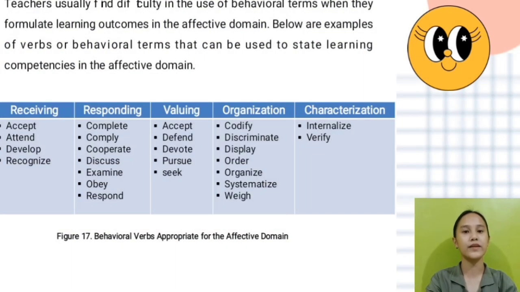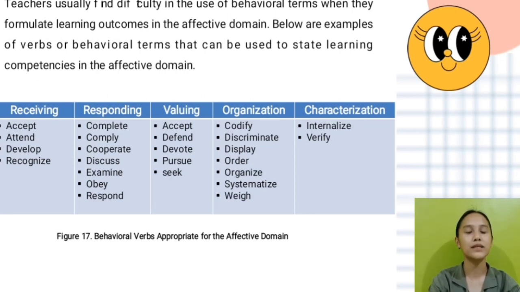Teachers usually find difficulty in the use of behavioral terms when they formulate learning outcomes in the affective domain. Below are examples of verbs or behavioral terms that can be used to state learning competencies in the affective domain. Receiving: accept, attend, develop, recognize.